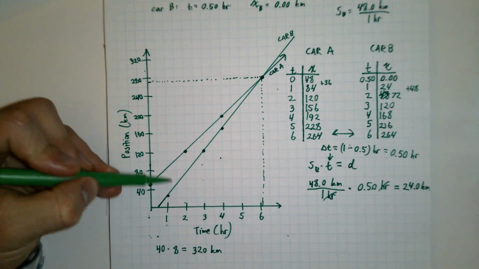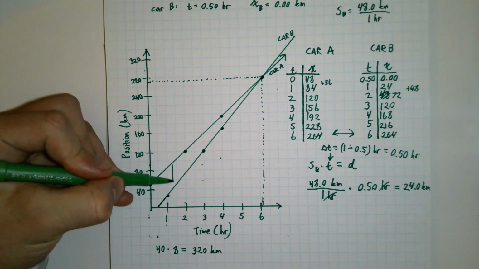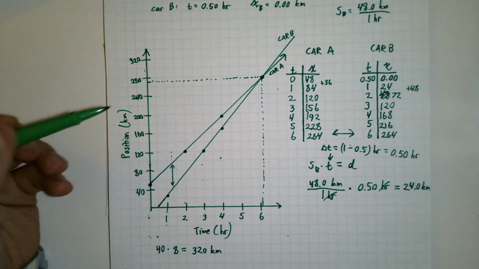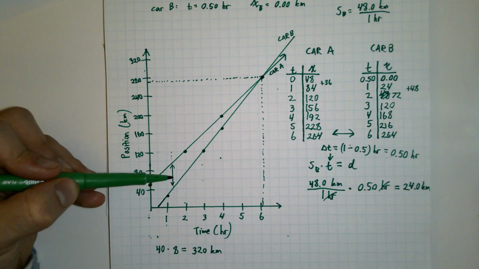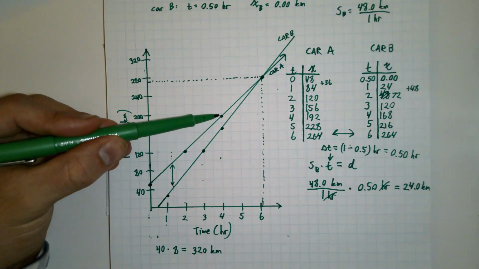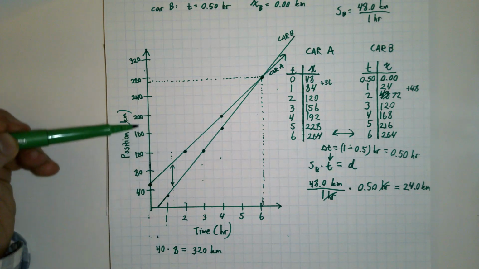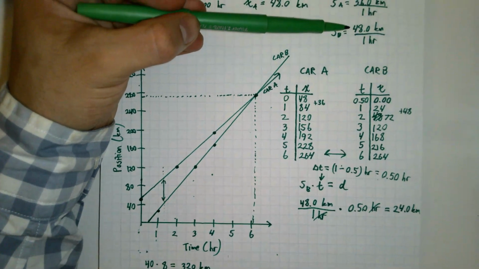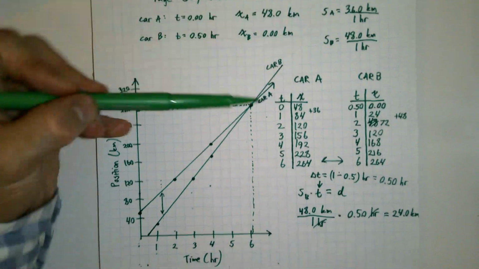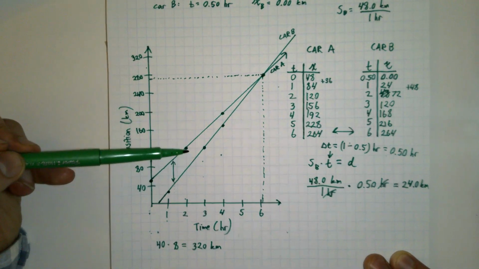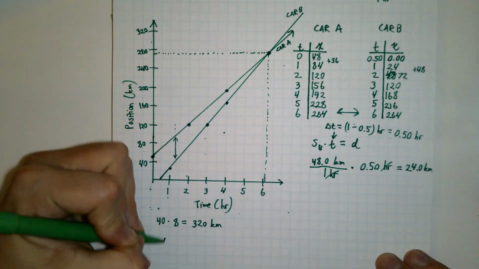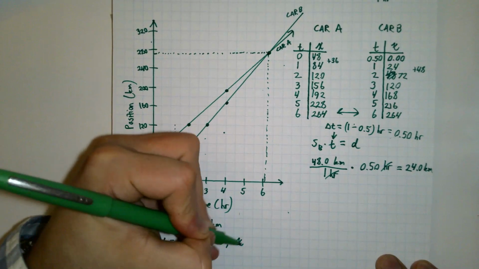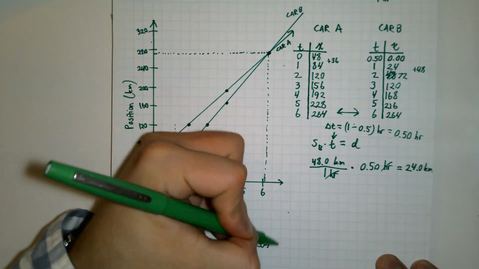The separation between these two lines represents how far apart the two cars are from each other at this moment in time. We see as time goes by, car B gets closer and closer to car A. Even though both progress in the positive direction, car B, because of its higher speed, eventually overtakes car A, at a time of t equals 6.0 hours and a position of 264 kilometers.